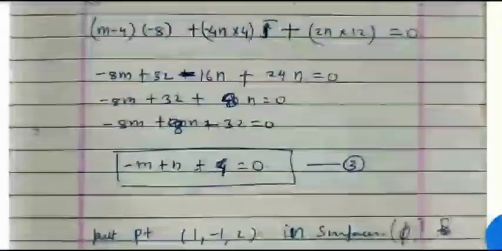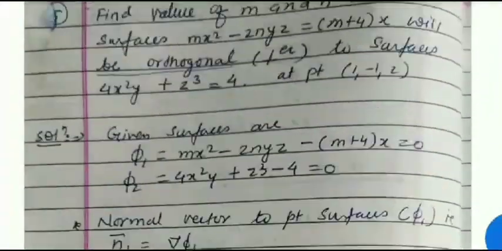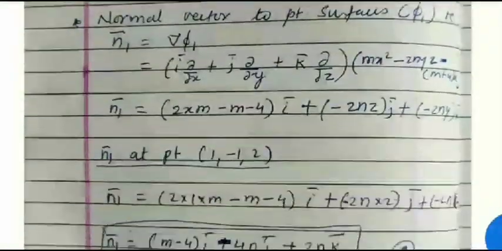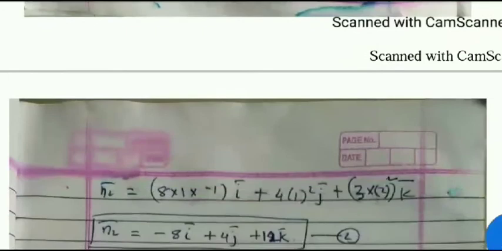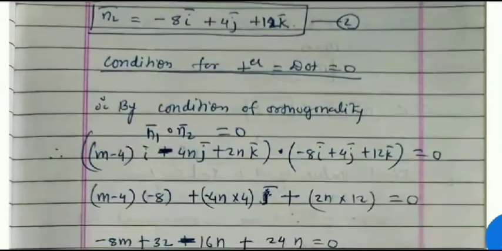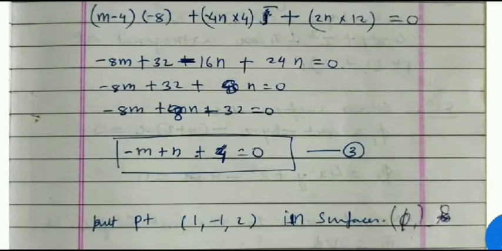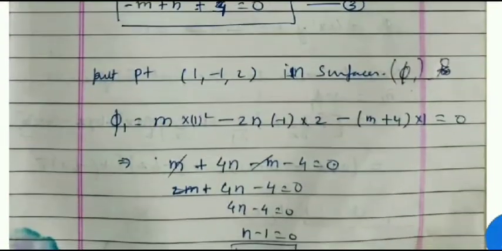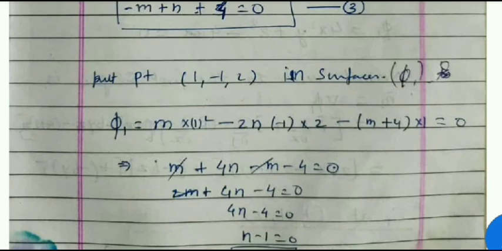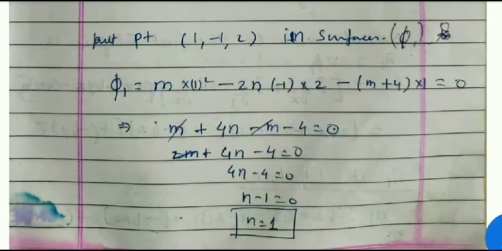Okay, what we have to do in that question? First calculate the two normal vectors, then apply the condition of orthogonality, meaning take the dot product equals 0. Then for the second step, put the point in the first surface.